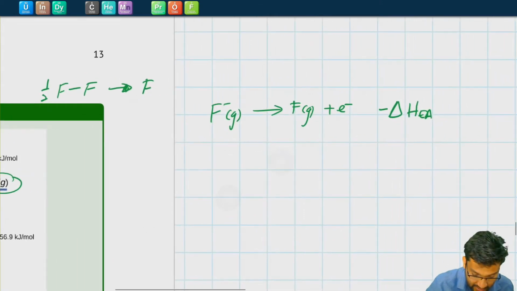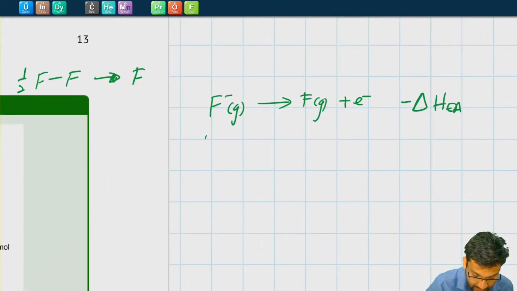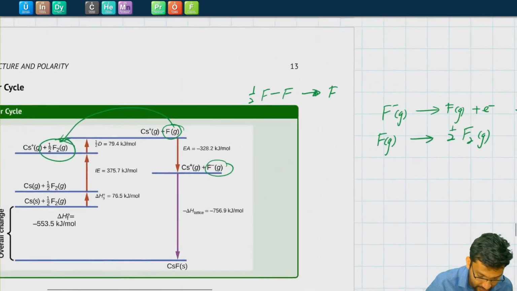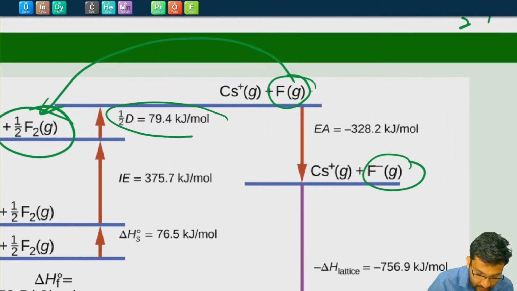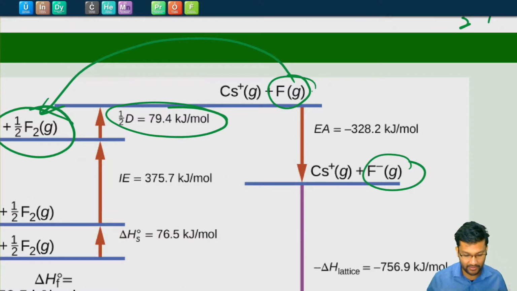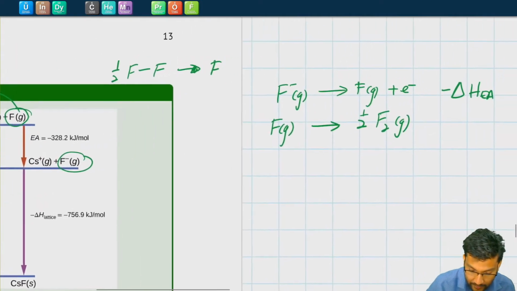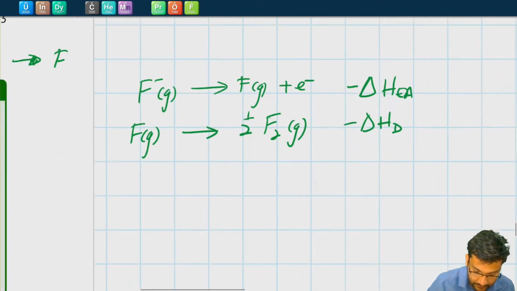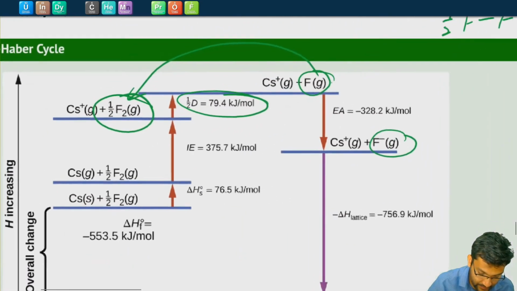So the reverse would be we have a fluorine gas atom and we form half of a fluorine gas molecule. The energy there is a dissociation energy, the energy to split apart a molecule, but we want negative the dissociation energy.